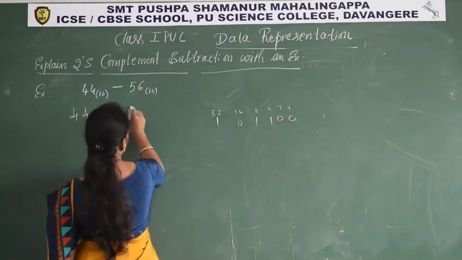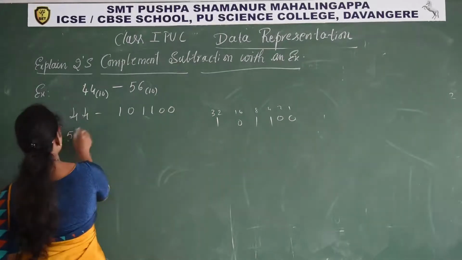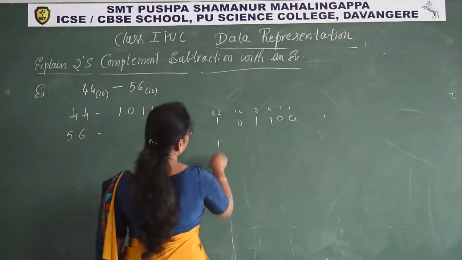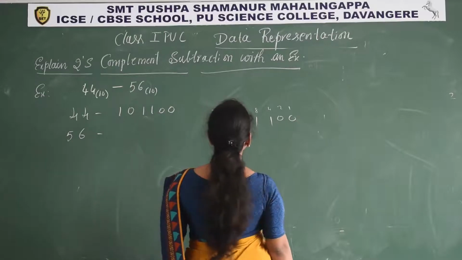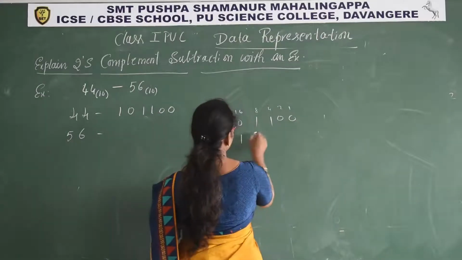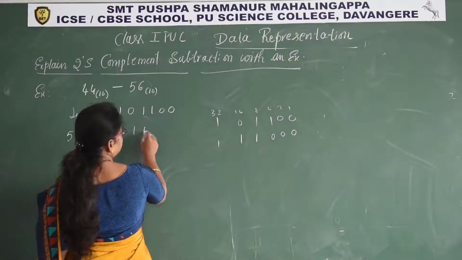So 101100. And for 56, 32 plus 16 is 48, 48 plus 8 is 56. 111000.